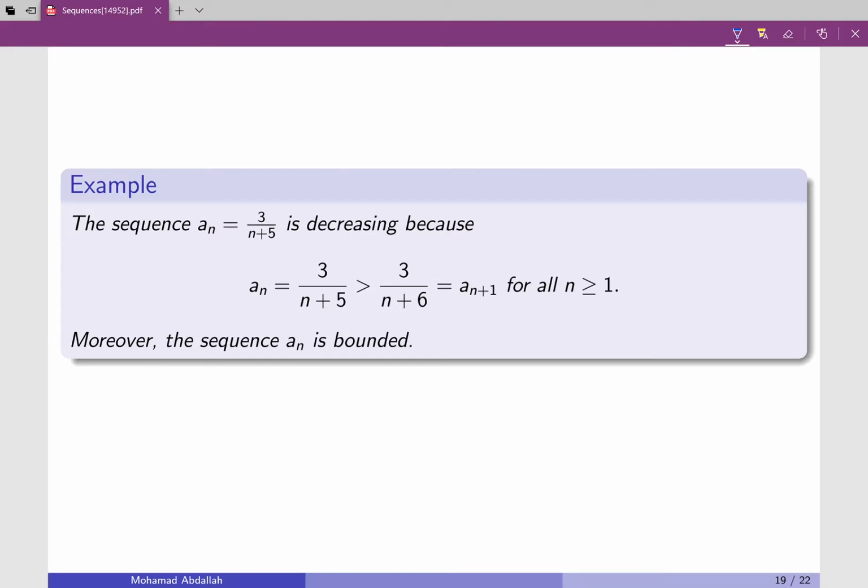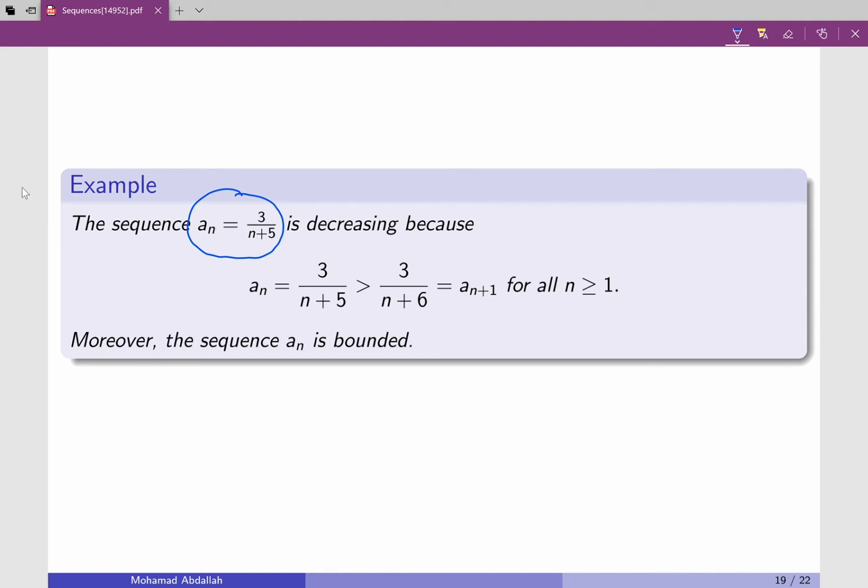So here's an example on how you can see that a sequence is decreasing using algebra. If I consider the sequence an equal 3 over n plus 5, this is a decreasing sequence for the following reason.